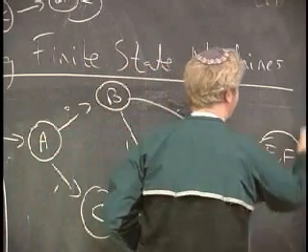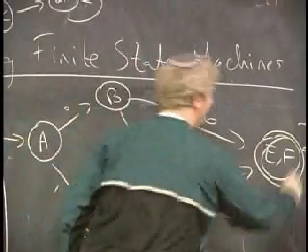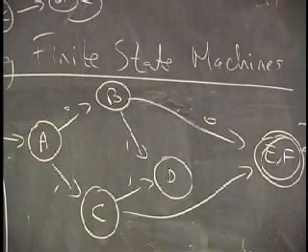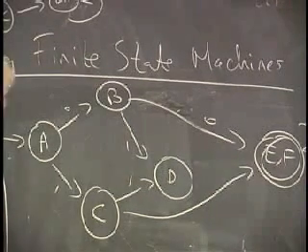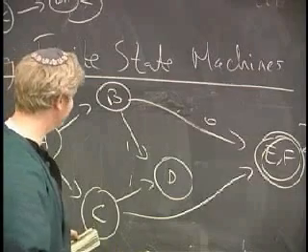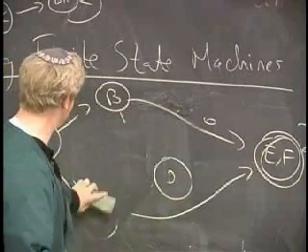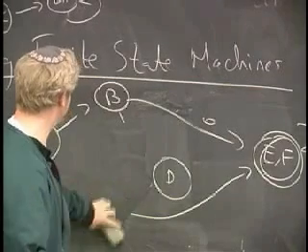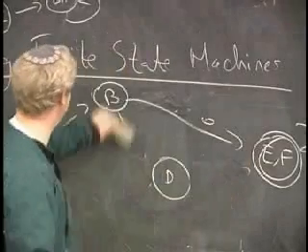EF it's called. It's the final state. So that collapses. And then there's two other things that collapse. B and C. They're the same. It just becomes a line state. Oh, no, I lost it.